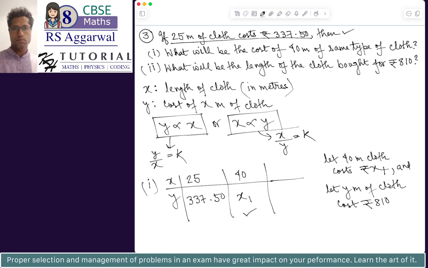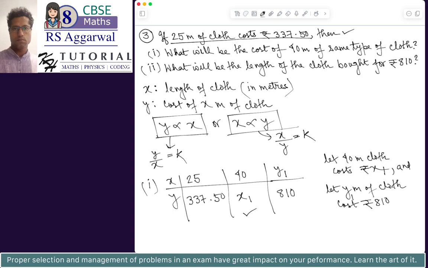And again, we are assuming that let not y meter but y1 meter of cloth cost rupees 810. So we will have y1 over here and 810.